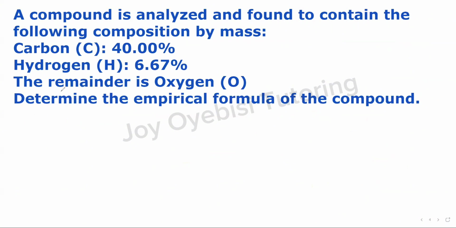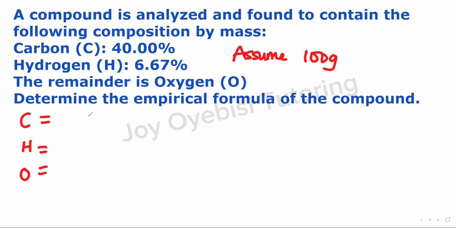So we have our carbon, we have hydrogen, and we have oxygen. We're going to assume 100 grams, okay? Which means this is going to be 40 grams. This would be 6.67 grams, and now I need to find the percent of oxygen. What you do is add these two up and subtract from 100.